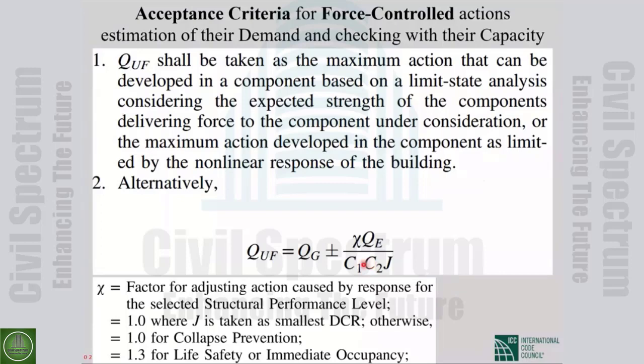This is a force control element. So we increase the base shear, everything is linear, so even the force control parameters increase by C1 multiplied by C2. Now, when we want to check the force control parameters, for example, shear in this member, axial load in this member, torsion in this member, we divide that by C1, C2.